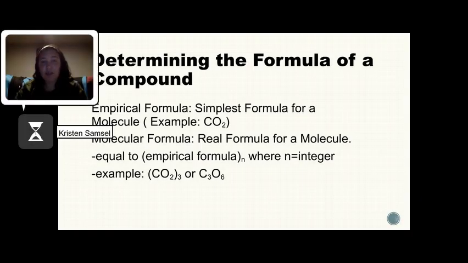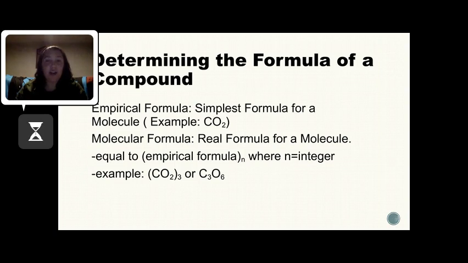So compounds can have two different types of formulas. The first type is the empirical formula. This is going to be the simplest formula for a molecule. It's the simplest whole number ratio. So if we look at the example of carbon dioxide, the amounts of atoms are not divisible by any numbers. They're already the lowest ratio. And then we have the molecular formula, which is typically the real formula for a molecule.